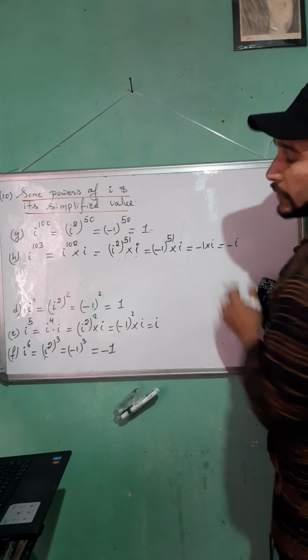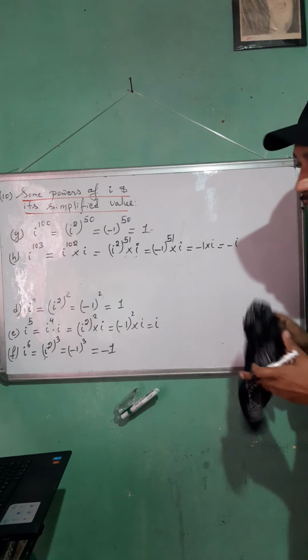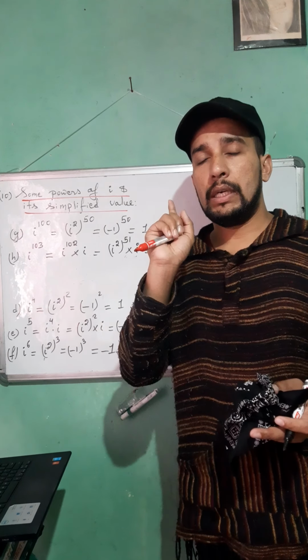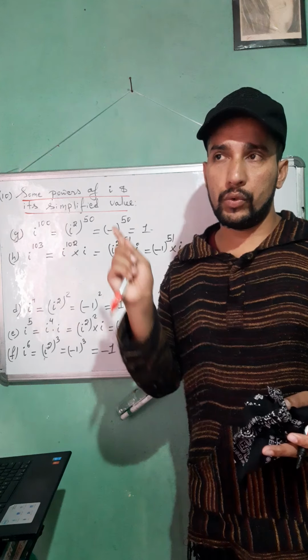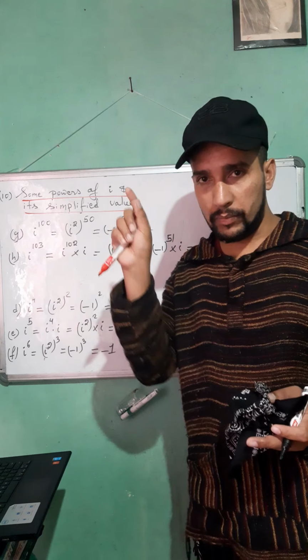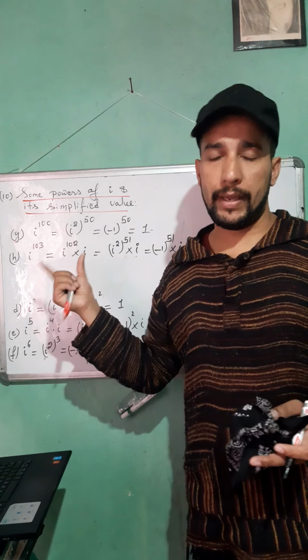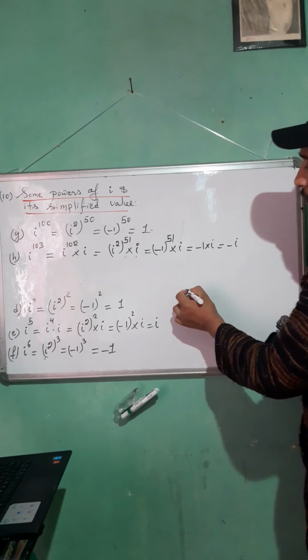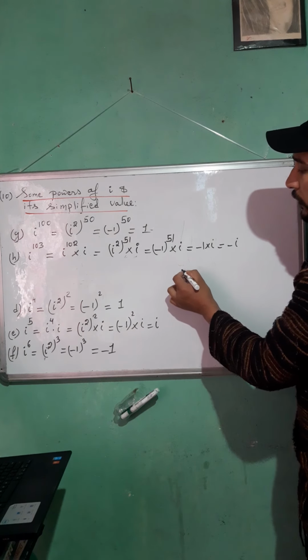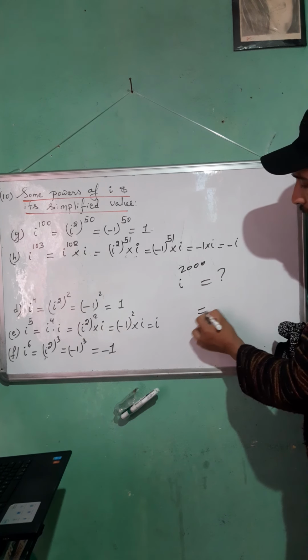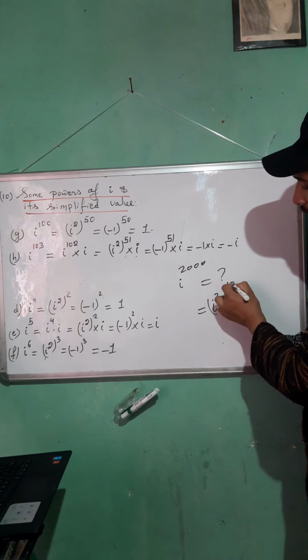This is power simplification of i. If you know the value of i, meaning root under minus 1, then from there you can derive the values of any powers of i. For example, suppose you are asked the value of i to the power 2000, then how much will you say? 2000 means i square to the power 1000.